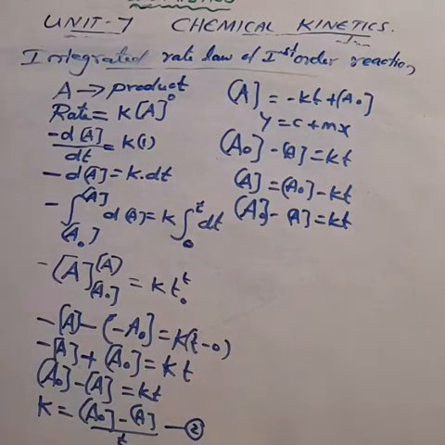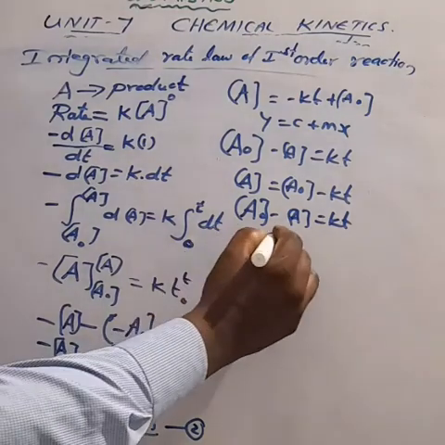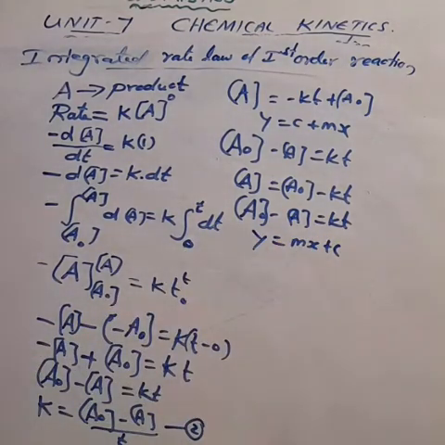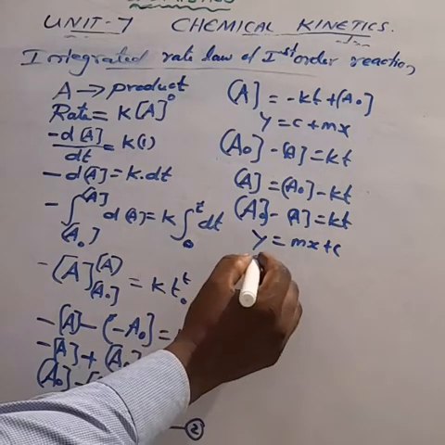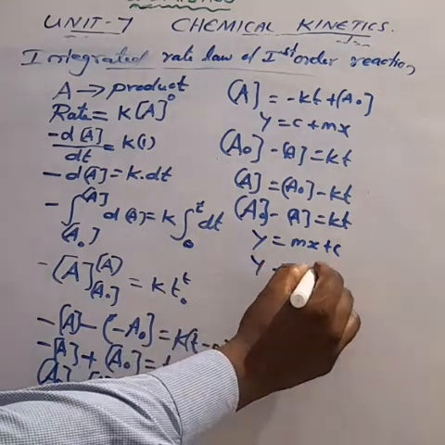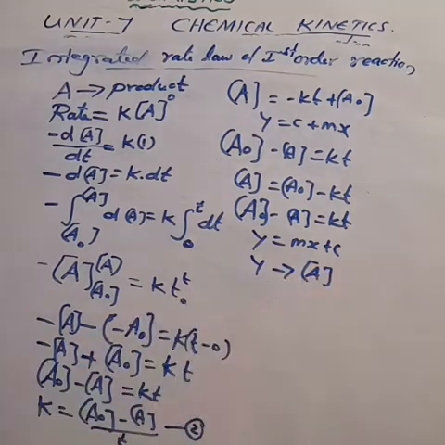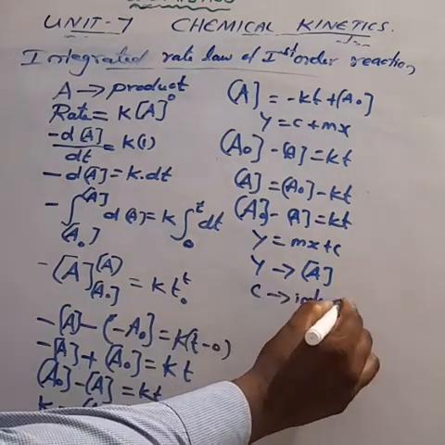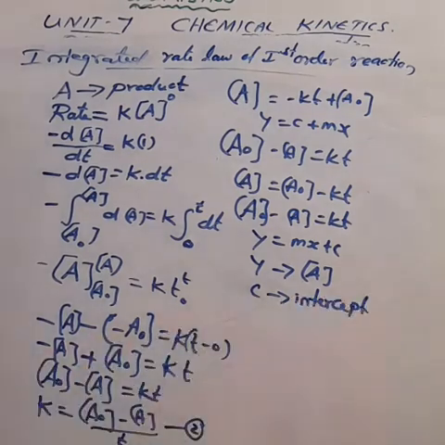This equation is in the form of a straight line, y is equal to mx plus c, that is y is equal to concentration A. Here C means intercept. If you are looking at the diagram, that is about that graph.